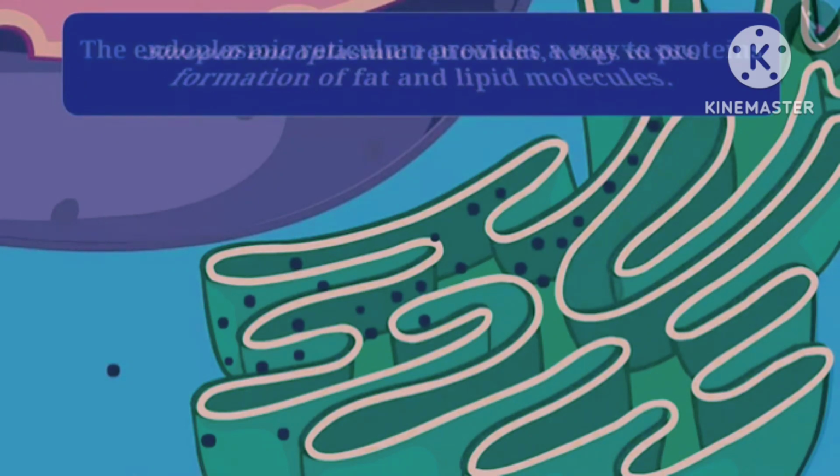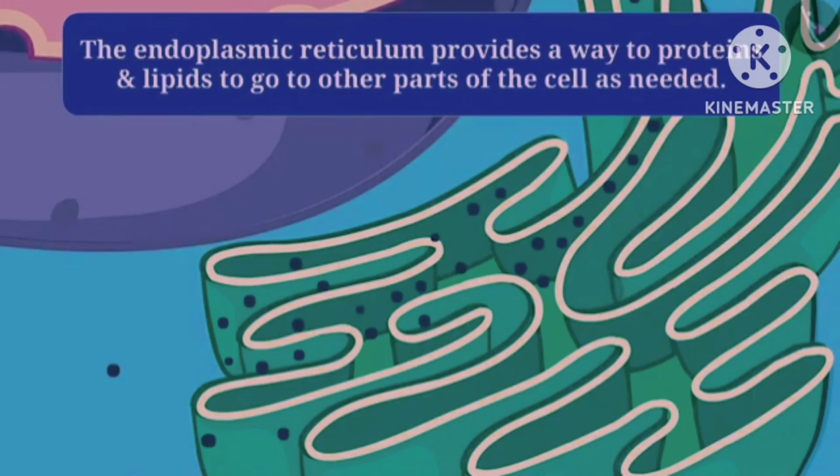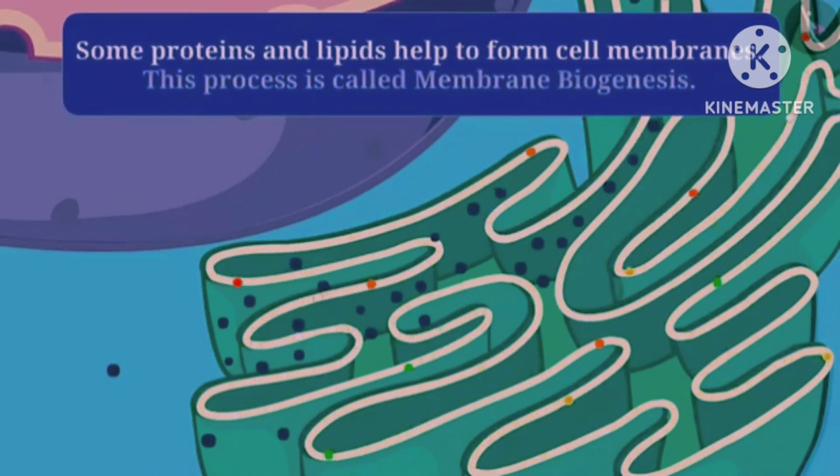That is, the endoplasmic reticulum provides a large surface for synthesis of protein and lipid inside the cell, and after that, it also gives them a way to go to other parts of the cell as needed. Some proteins and lipids help to form cell membranes.